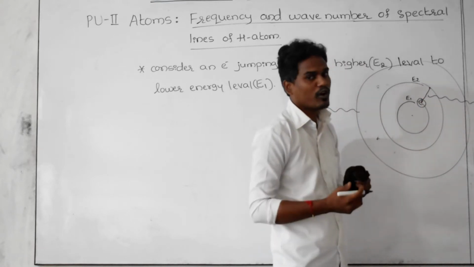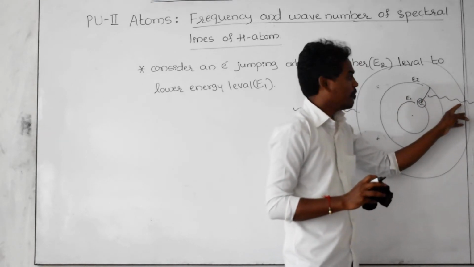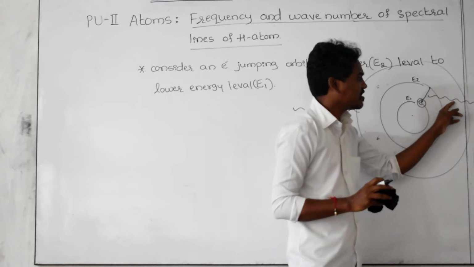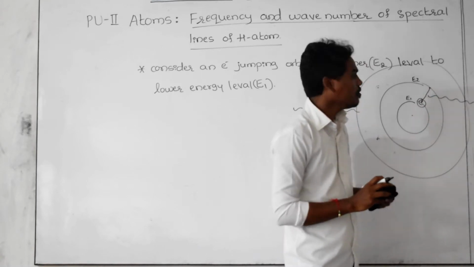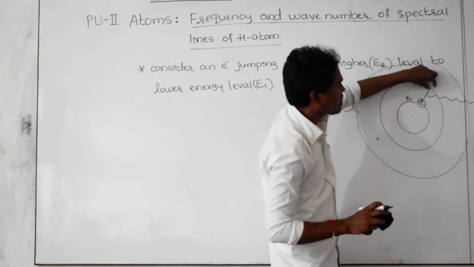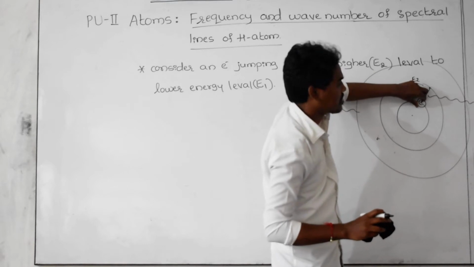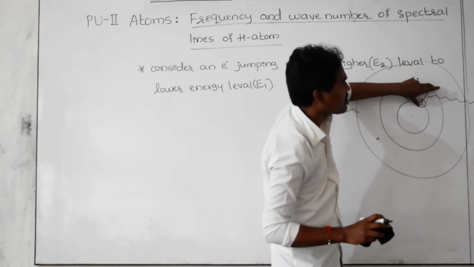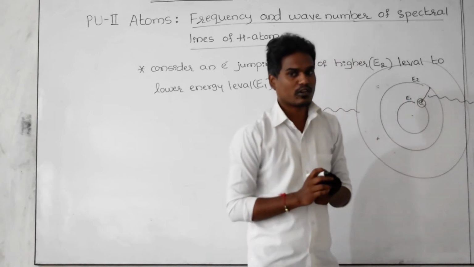What is the magnitude of the energy that the electron is going to emit? In order to find out that value, what to do? The energy value of the second state minus the energy value of the first state. The difference of these two energies gives the energy of this radiation emitted by the electron.